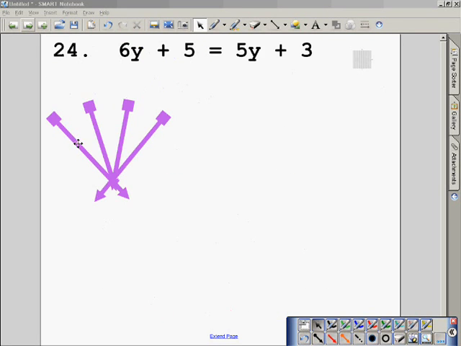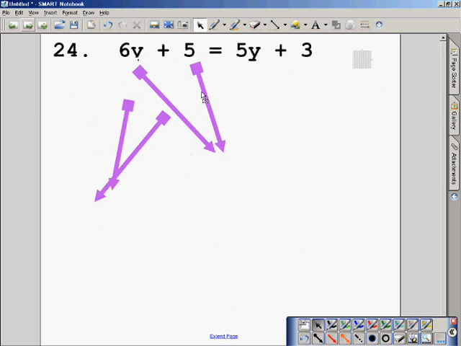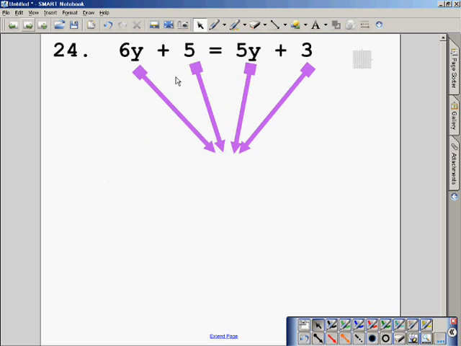When we get to 24 from last night's homework, I want you to notice something about each of these terms. We have a y, no variable. We have a y, we have no variable.